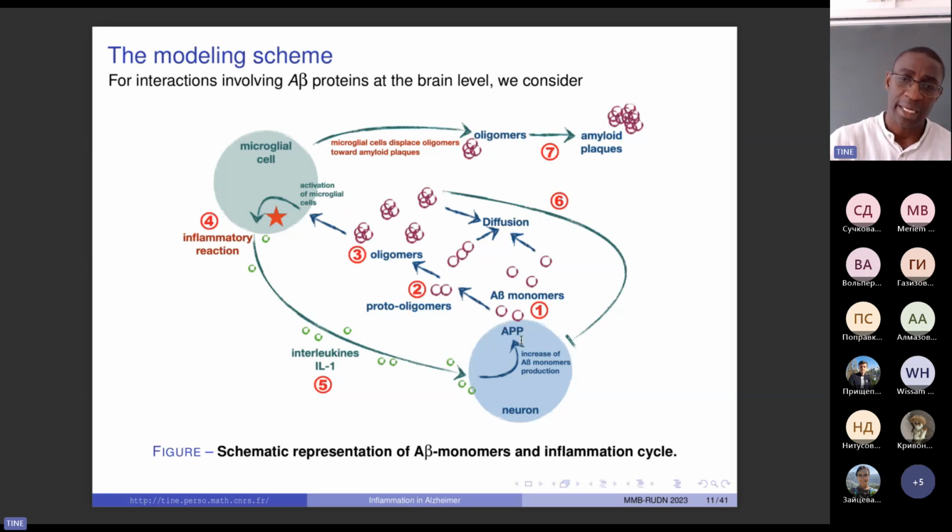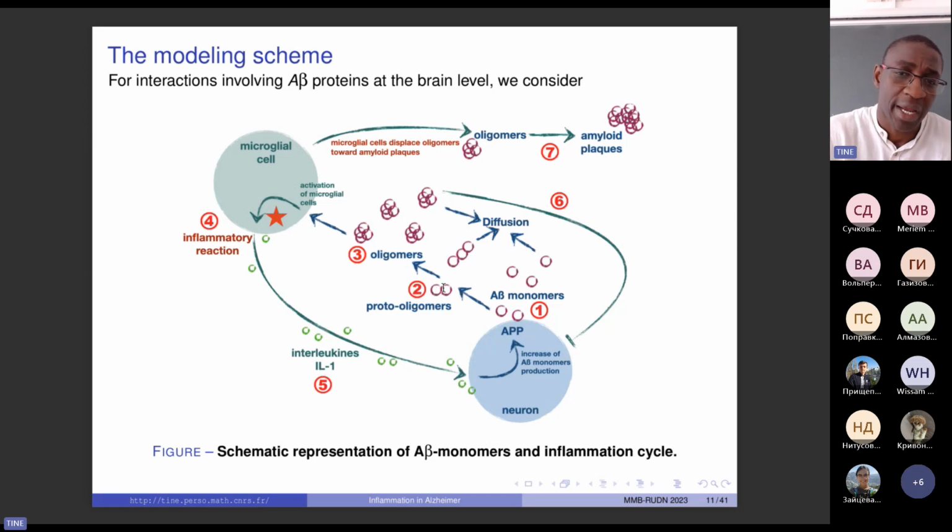This amyloid precursor protein is cleaved by beta and gamma secretase, and it releases A beta in monomeric form. The released A beta monomers have the ability to aggregate. When two monomers aggregate, they form what we call a proto-oligomer of size 2.